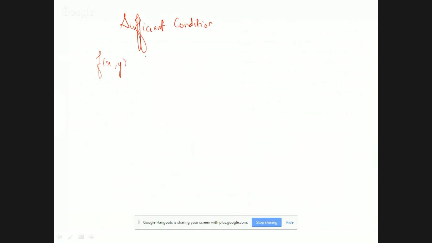We have to find the maxima and minima at x is equal to a and y is equal to b. So first you find second order partial differentiation, dou square f by dou x square, that is r, and find its value at x is equal to a and y is equal to b. And then s is dou square f by dou x dou y.